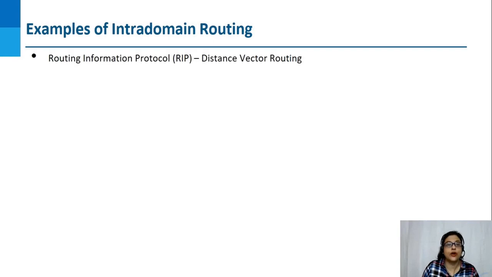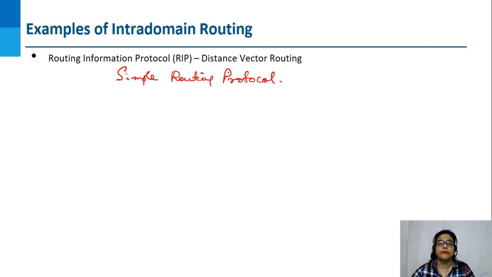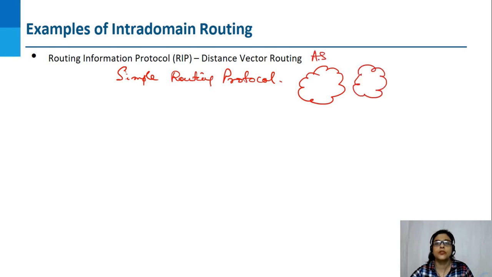Now, the examples of intra-domain routing are routing information protocol or RIP, which is based on distance vector routing, and it is a very simple routing protocol. And if, let's say, there are two autonomous systems, and in order to transfer messages between the nodes of a network having the routers and other networks, it is known as intra-domain routing.